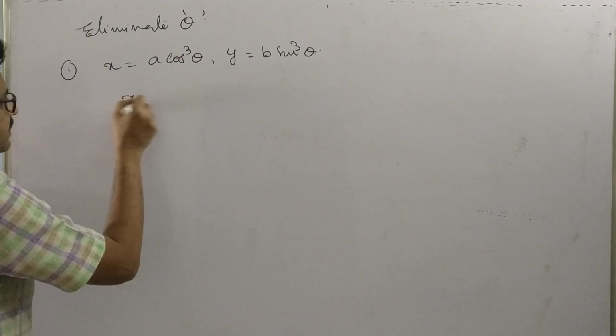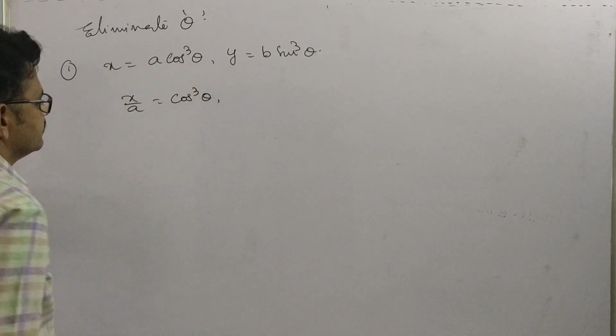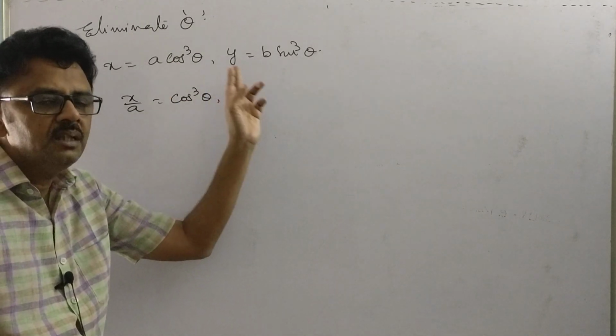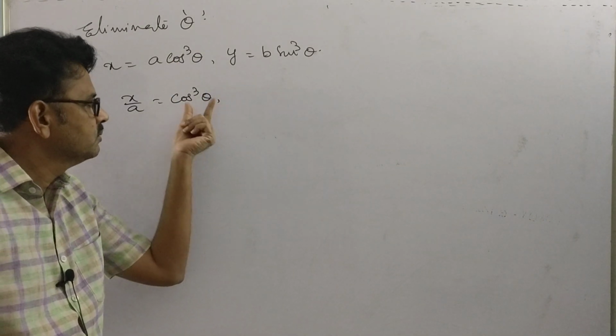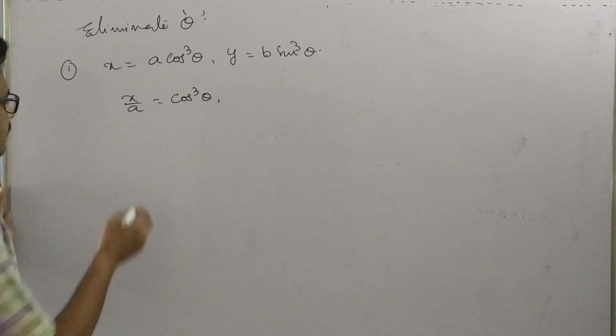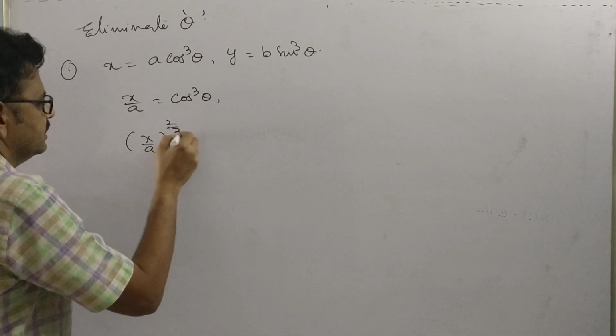Here x by a is equal to cos cube theta. We know that sin square theta plus cos square theta equal to 1. So to make this a square, we raise the power on both sides by 2 by 3.